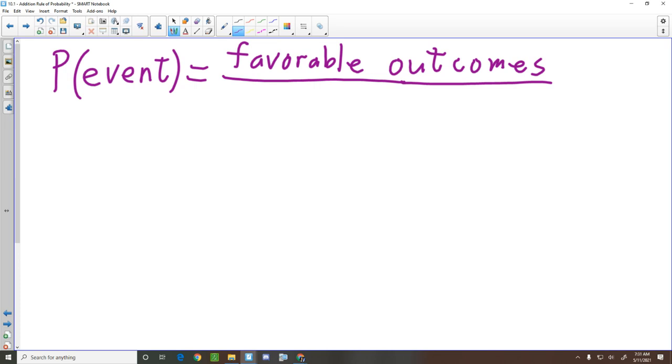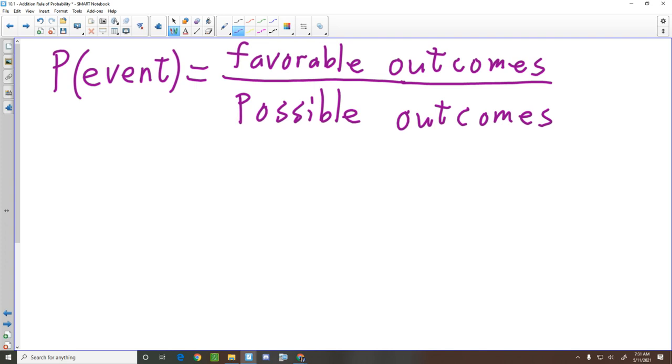The denominator is going to be the number of possible outcomes. So, well, how many different things could happen? And just logically, that's kind of what you would expect our probability to be. What are the chances or what's the probability of rolling a 2?